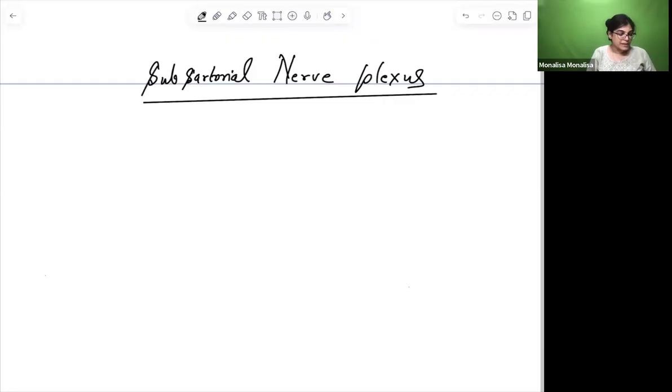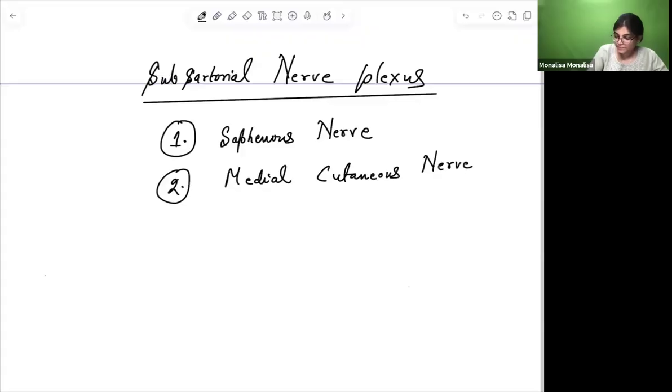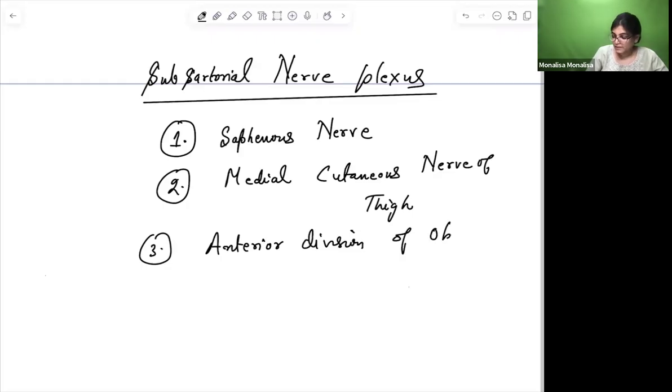How many nerves are there? 3. The names of these nerves are the saphenous nerve, the medial cutaneous nerve of thigh, and the anterior division of the obturator nerve.